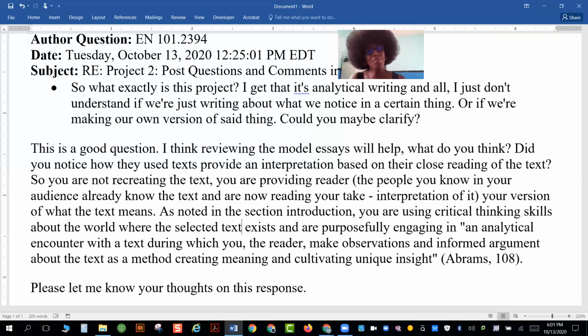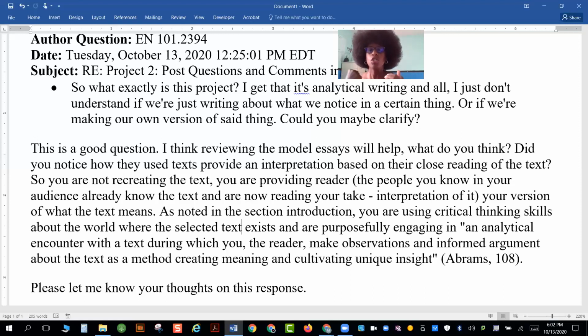And going back to the models, look at the model text and see, did they use supporting documents, outside research? Yeah, you might need to do that. But those supporting documents are not going to overrun the main document that you're looking at, which is whatever choice you made out of the 4 choices I gave you for this assignment.